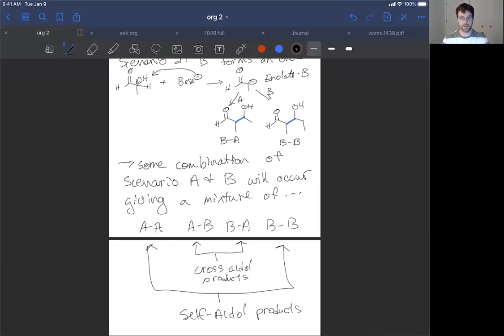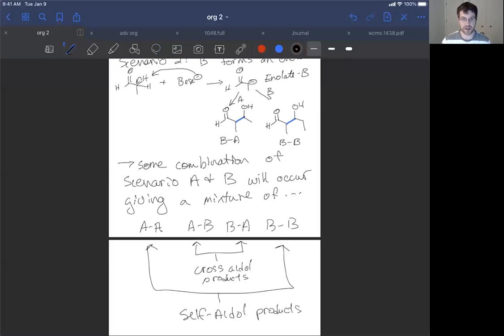So we didn't really control for the reaction too well, right? I mean, we got some mixture. It's going to be based on a combination of statistics and reactivity.